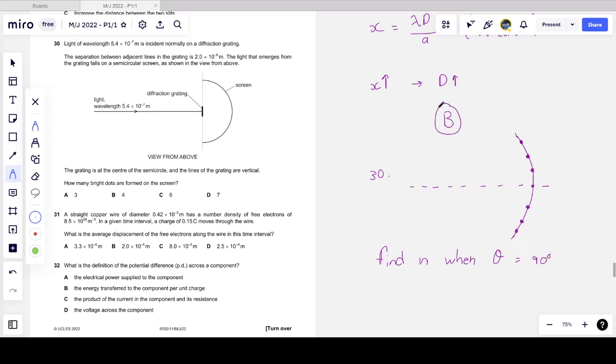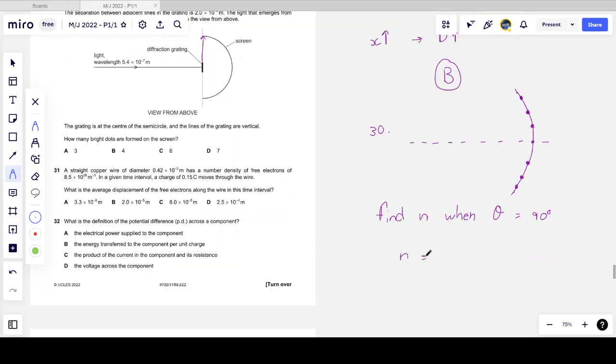Because if the angle is greater than 90 degrees, then the light will not form an image on the screen. It's going to be diffracted backwards. And so it has to be 90 degrees or less in order for the bright spot to be formed on the screen. And so we want to find n, and we know n, the order, is d sine theta over lambda.